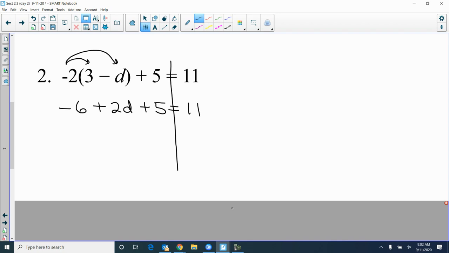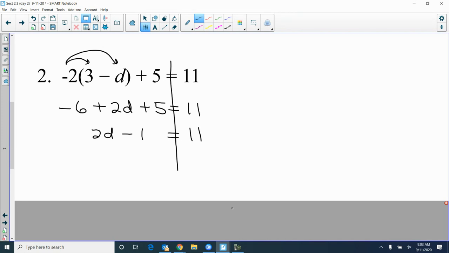So when we distribute, we just rewrite it. Then you do the +5 and -6, put them together, and you get -1. Good, -6 plus 5. Now, I always like to write the term with the variable first. I'm going to put 2d minus 1 equals 11. So we don't move anything until that whole side is simplified.